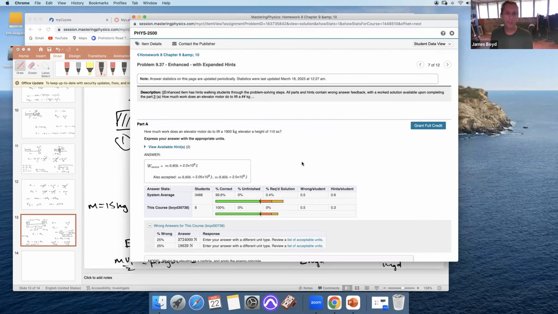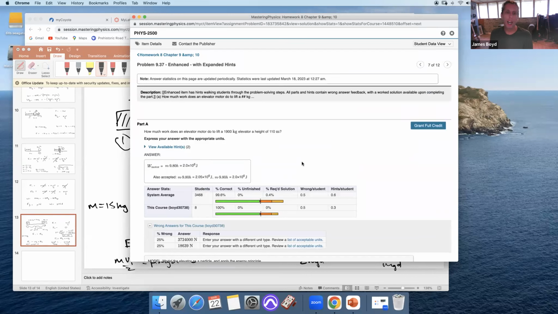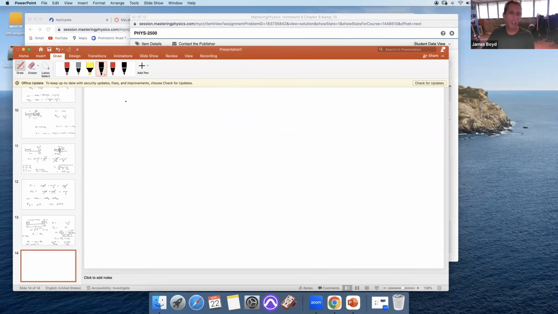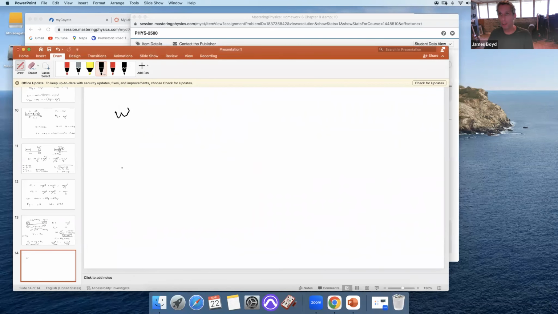All right, now these ones get a little bit tricky. How much work does an elevator motor do to lift a 1,900 kilogram elevator a height of 110 meters? Remember, we want to know the work done by the elevator.